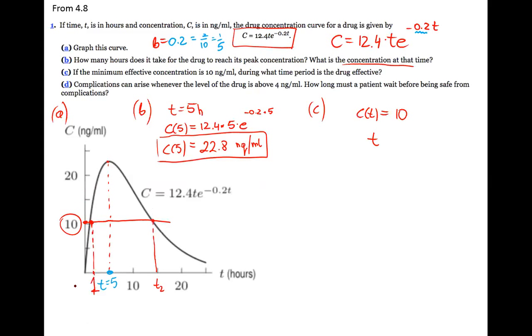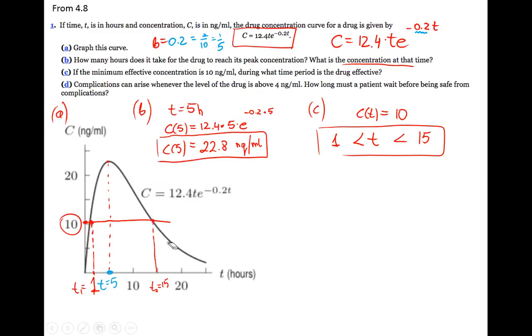Maybe this is 1, and this looks like between 15. Okay, that means time must be between 1 hour and 15 hours for the concentration to be at least 10 nanograms per milliliter. That's what I was saying, because algebraically it will not be easy to solve. I'm just using the graph and approximating.